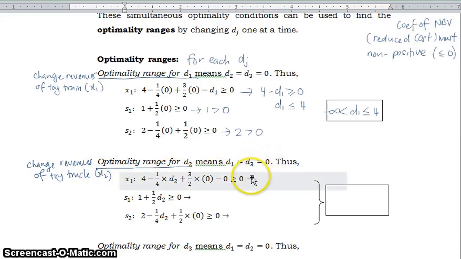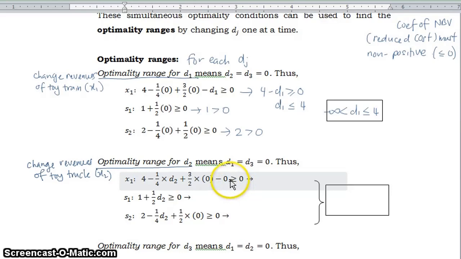Same as before, we substitute D1 and D3 into the optimality condition to get the range for D2. The reduced cost for X1 is 4 minus 1 over 4 D2, which is what we want to find the range for, plus 3 over 2 D3, where D3 is 0, minus D1, also 0, and it must be greater than or equal to 0.